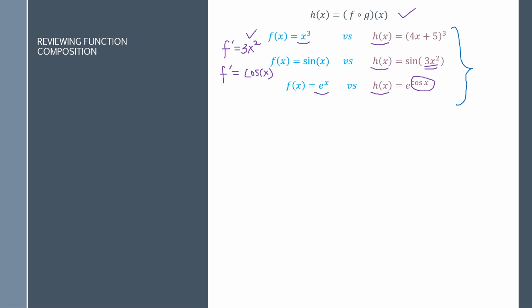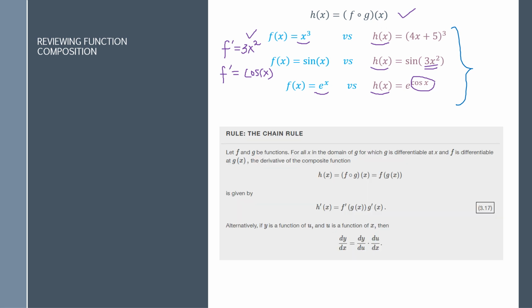So let's take a look at the rule. The chain rule says the following: if we have h that's defined to be a function composition, so f composed with g, and there are two different ways of writing it. First you can write it as f circle g, that's the notation for f composed with g, or simply f of g of x.